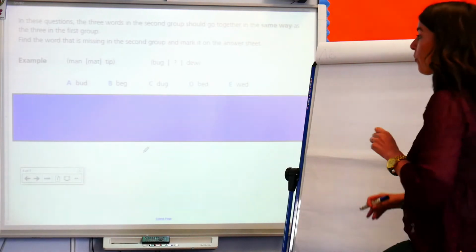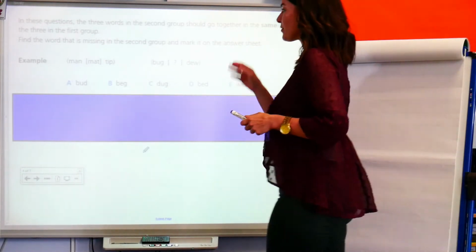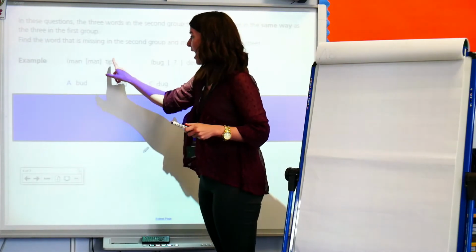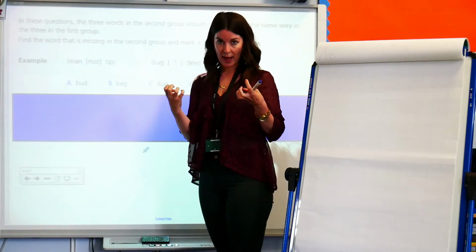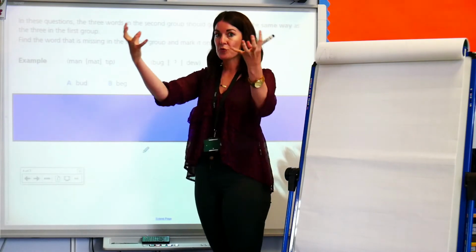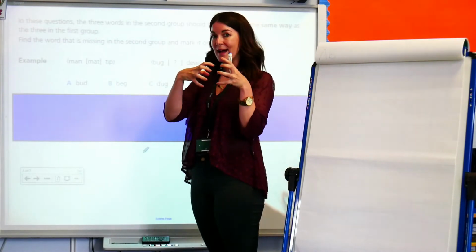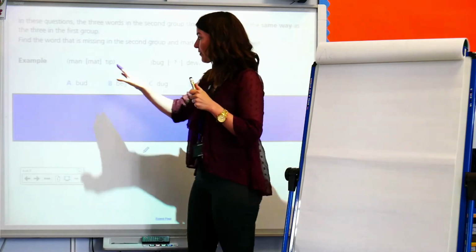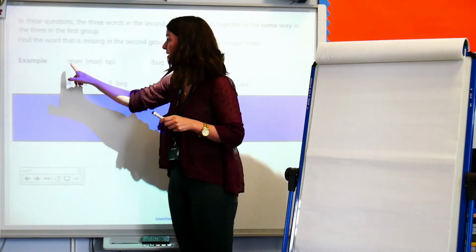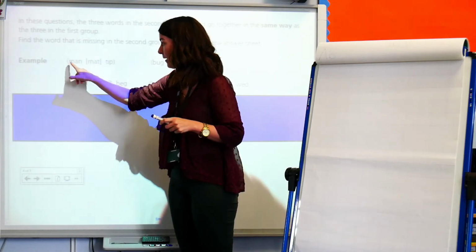So, what I'm going to do is look here at my words for my example. I've got man and I've got tip. Somehow they've taken some letters from man and letters from tip and they've created the word mat in the middle. Now, the M, there's only one M here, which means they've taken the first letter.